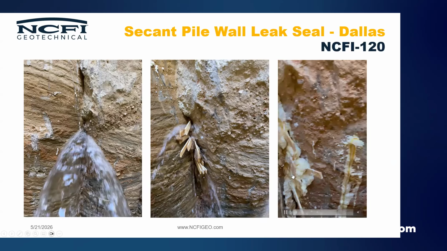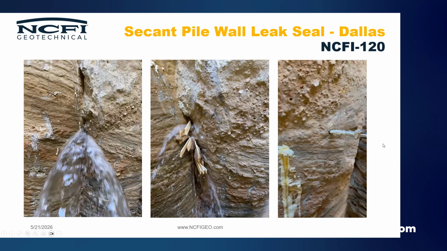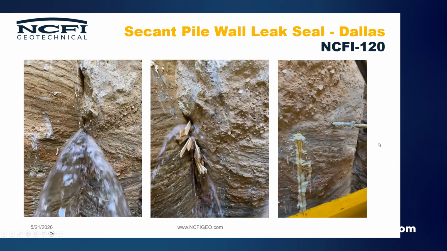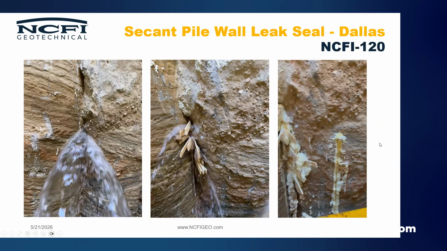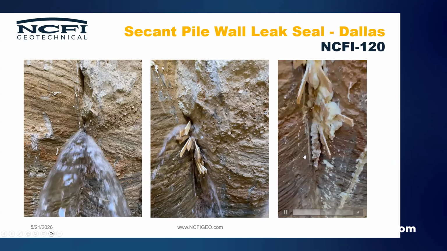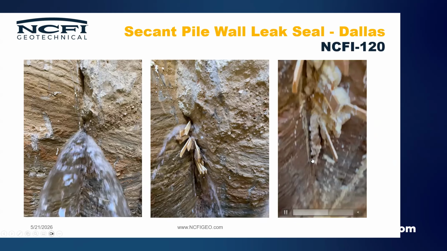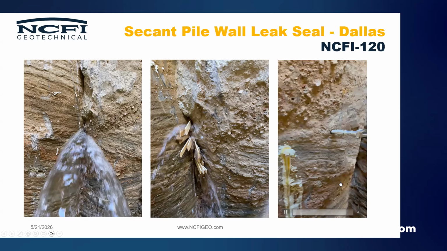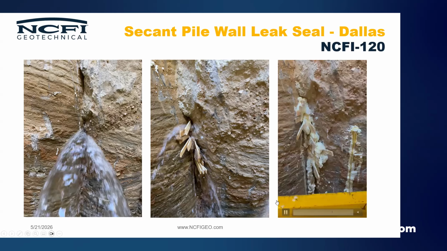So they got the whole thing sealed up and solved the problem. This was a relatively small job, but the alternatives for fixing it were few. They needed to stop that water so that they could dry the pit out, and this was an excellent way to do it.